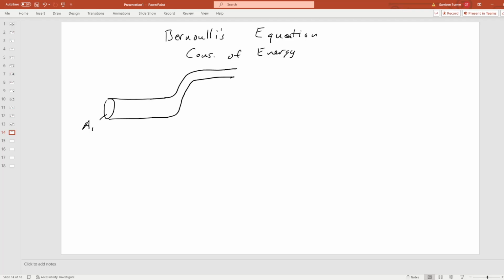Okay. So now I have cross-sectional area A2, all right? And by the same token, I have some chunk of mass in the first section of the pipe.